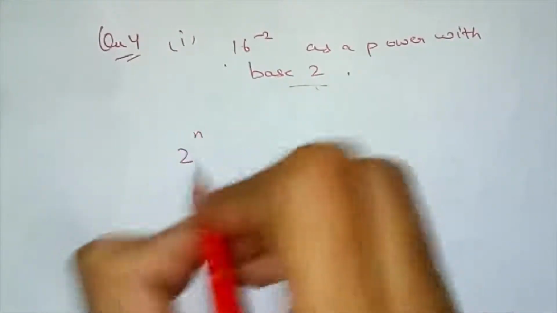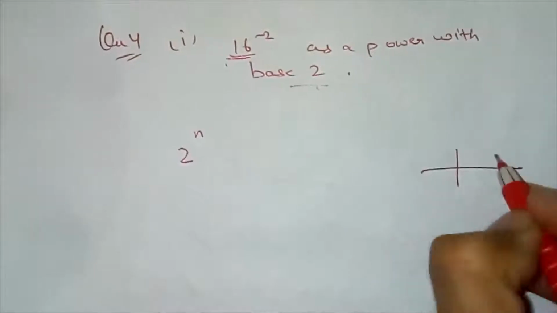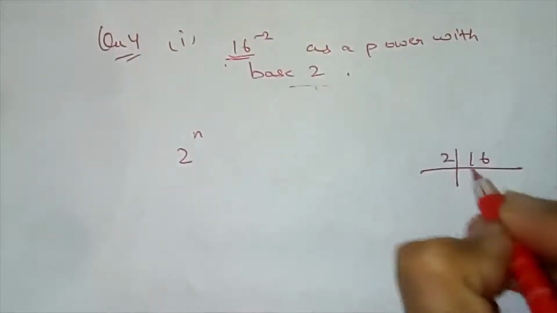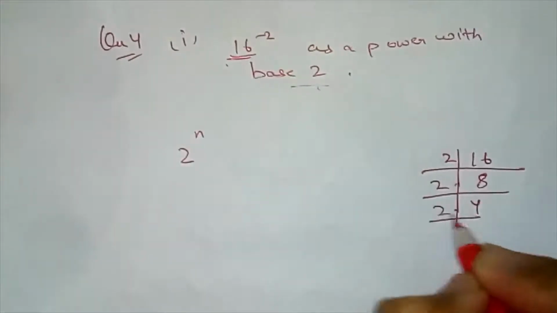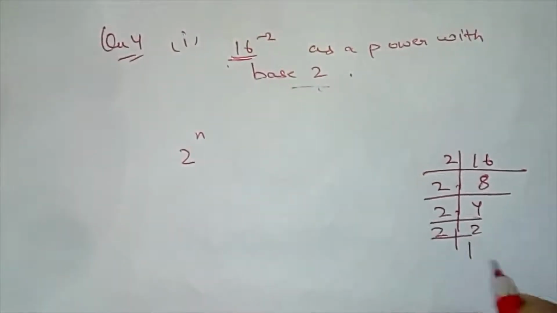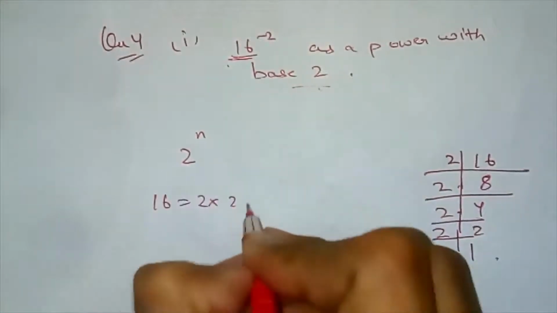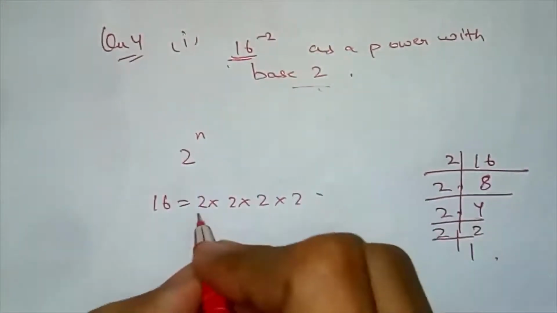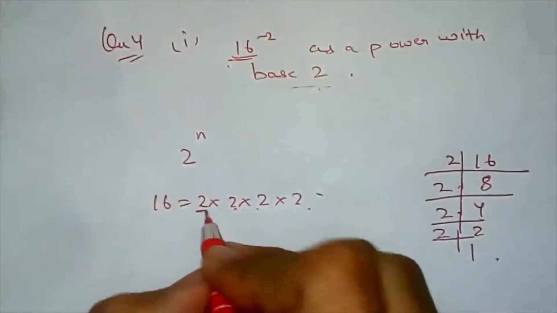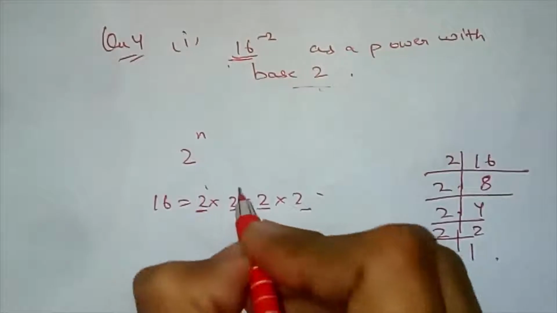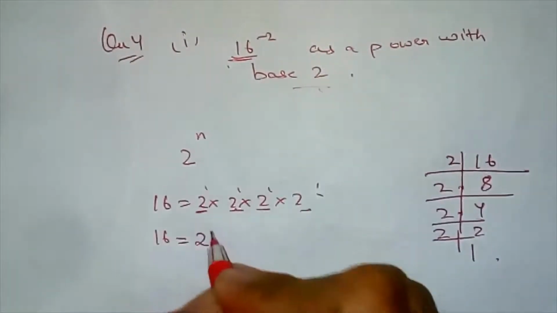For converting 16 to base 2, we will have to take the factors of 16. 16 will be equal to 2 into 2 into 2 into 2, that is 2 to the power 4. Now the base is 2 here. Again we could write 16 as 2 to the power 4.